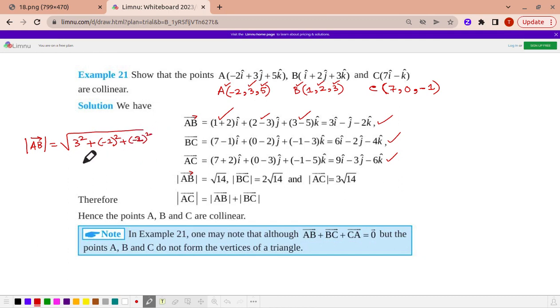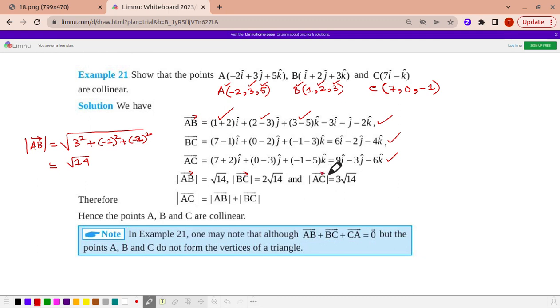Now if we find the value, it comes to square root of 14. That's why it is square root of 14. Similarly, we can find the magnitude of the vector BC is equal to 2 square root of 14 and the magnitude of AC is equal to 3 square root of 14.